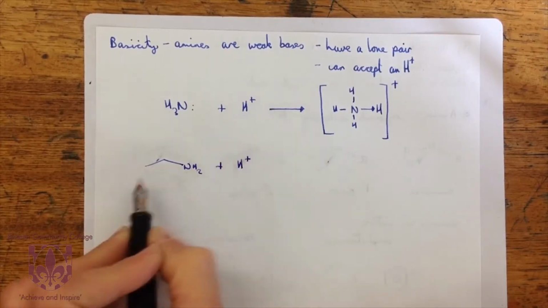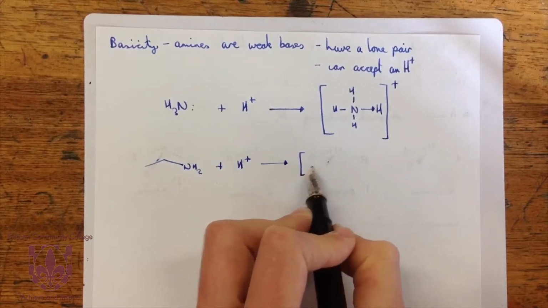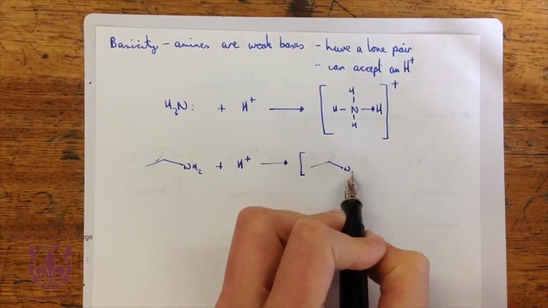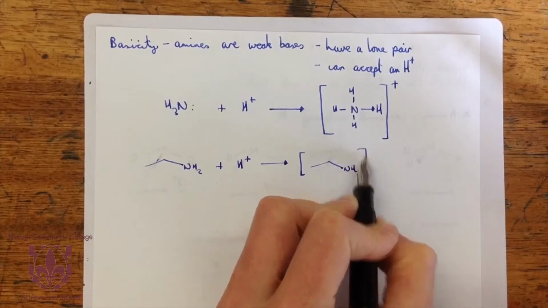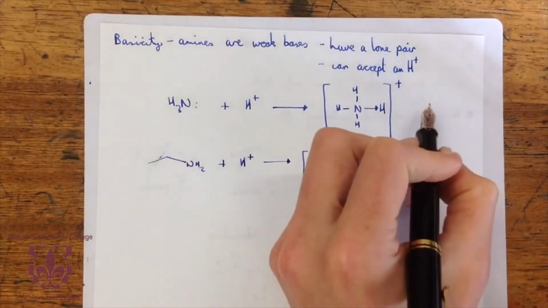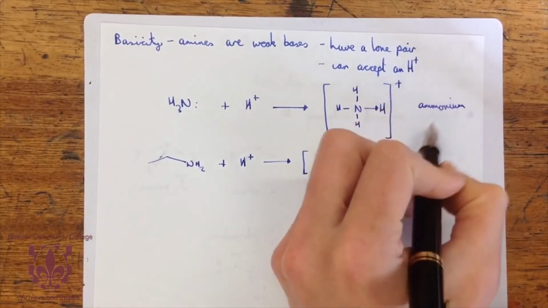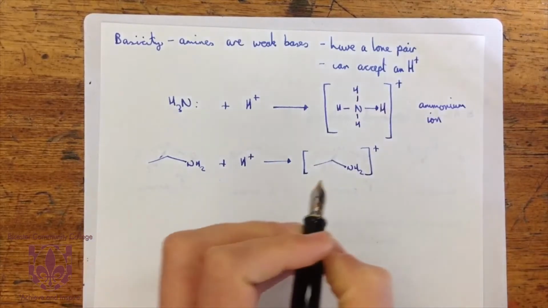But we could just as easily do it with another of our amines. So we take ethyl amine and NH2. I haven't drawn in our dative covalent bond there, but this is an ammonium ion, and we should be vaguely familiar with this.